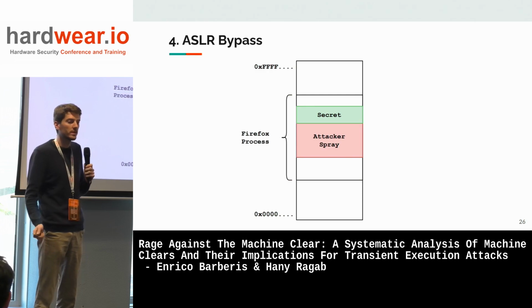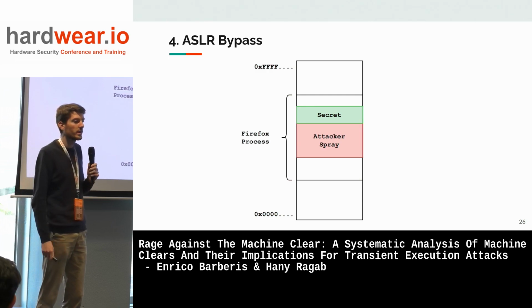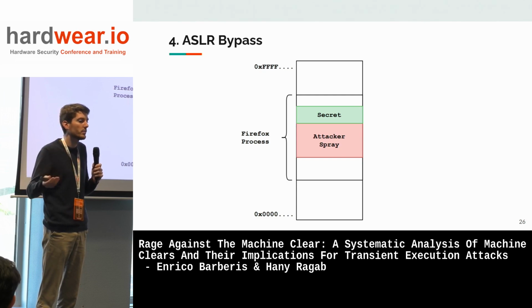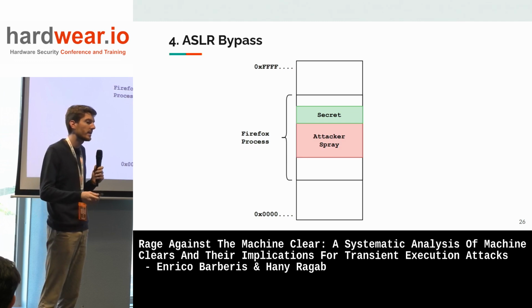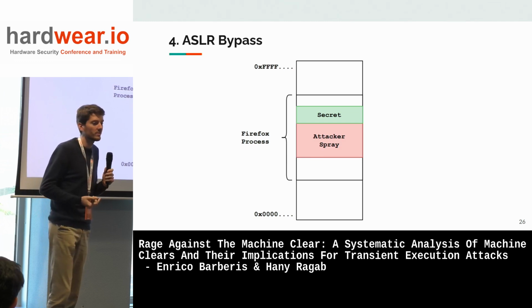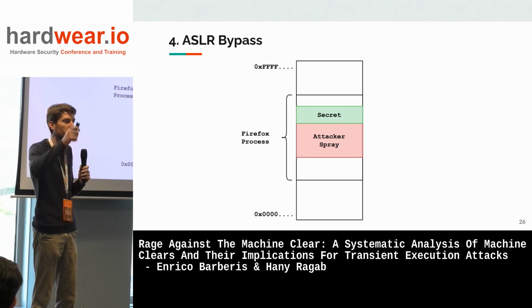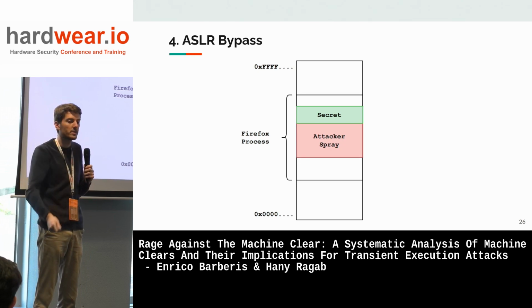One last step for completing the attack is to break ASLR, because, okay, we have a nice primitive, we can leak arbitrary memory, but what are we going to leak? We don't know the address. And here again, a good superpower of transient attacks is that you cannot crash Firefox. You simply start reading all the addresses until you see something that you recognize.